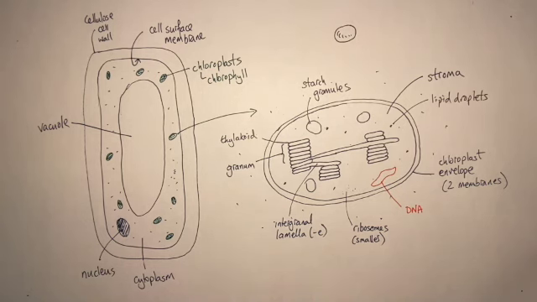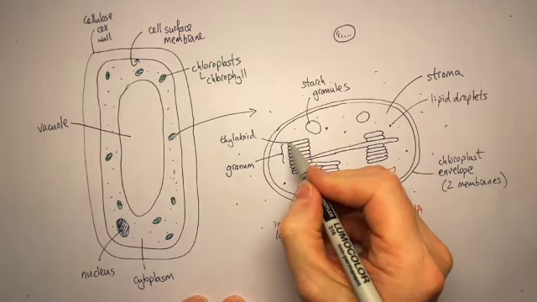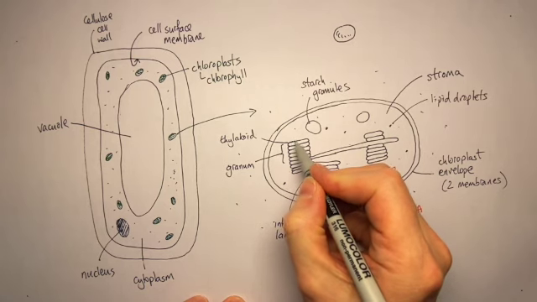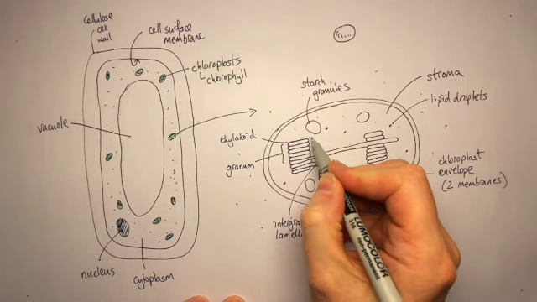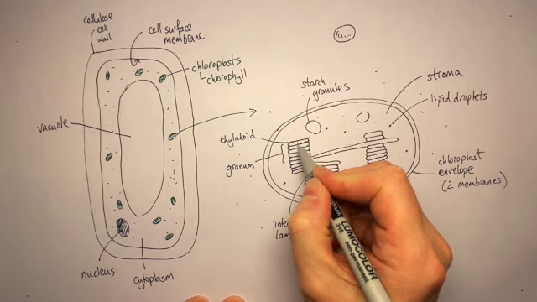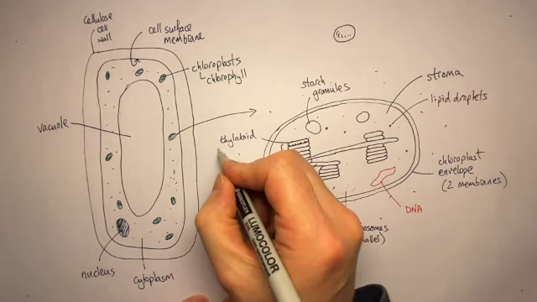So how does this relate to the biochemistry of photosynthesis? Well, it's all to do with the thylakoids, because in this membrane that is going around the outside of the thylakoid, we will find chlorophyll.